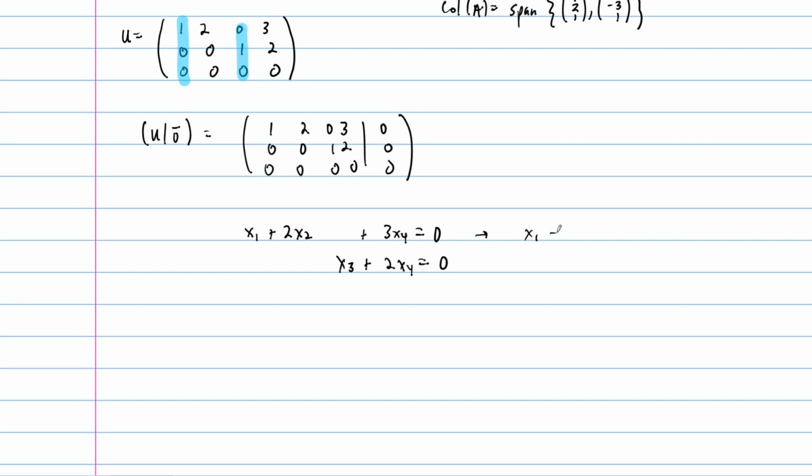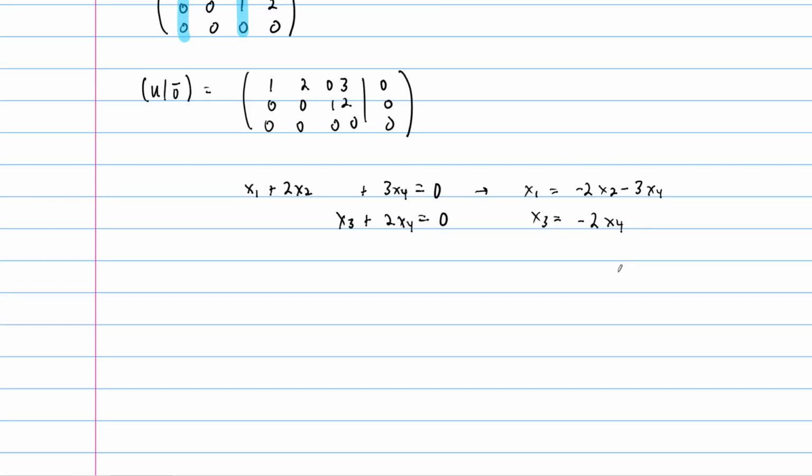In other words, our x1 can be negative 2 x2 minus 3 x4, and our x3 can be negative 2 x4. And now x2 and x4 are free. So x2 we can set equal to alpha, x4 equal to beta. So these are our free variables.